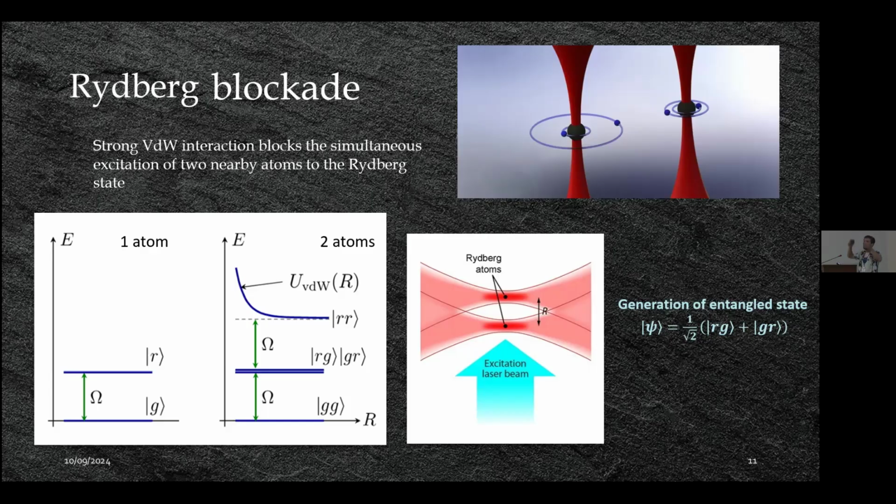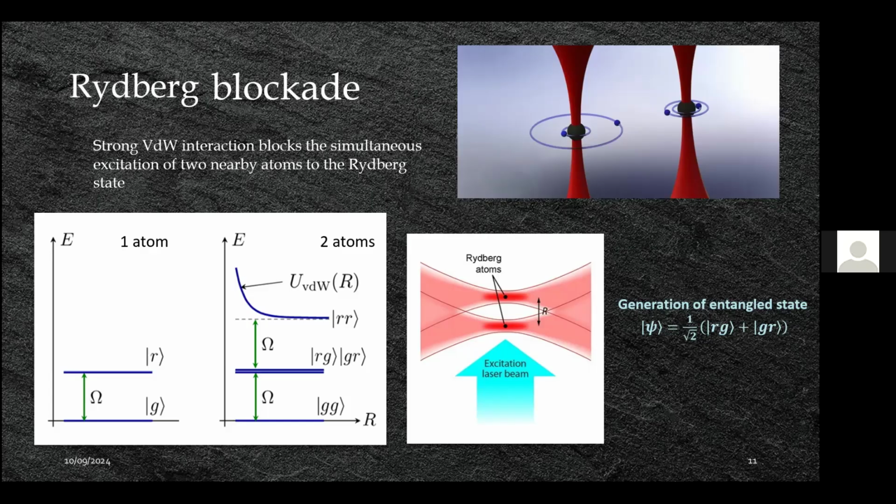But of course, this is such a classical idea. In quantum, what we get is the superposition of the Rydberg excitation and the ground state. And this is a useful and easy way to create entanglement and to control interaction. But if it's true that I have such a behavior, there must be a threshold.